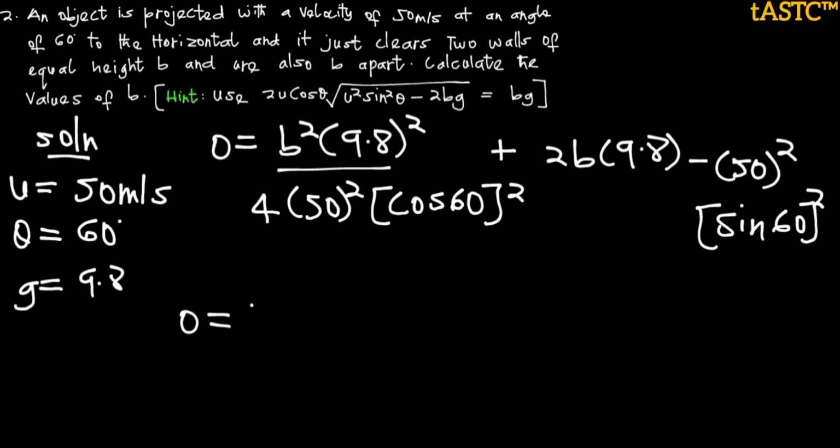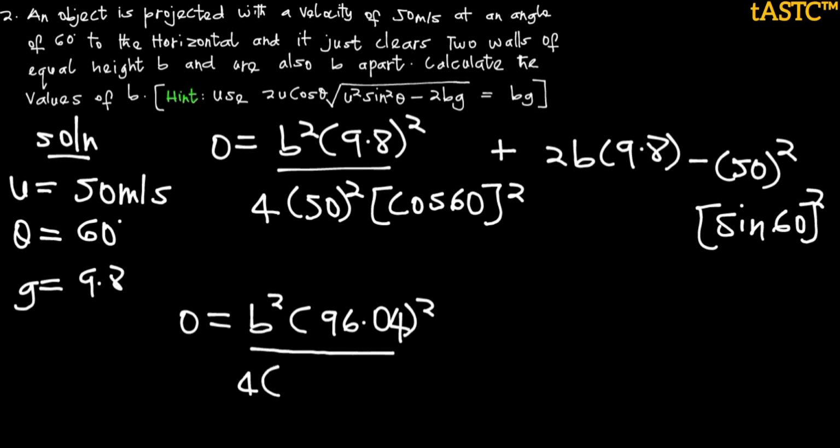So this is going to be b squared, and that will be multiplied by 9.8 squared, which is going to give us 96.04. This will be divided by 4, multiplied by 2500. That will be multiplied by cos 60 squared. Now cos 60, that is 0.5, so we need to square this.